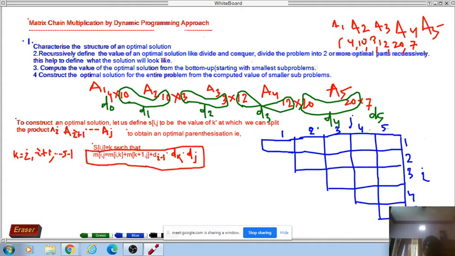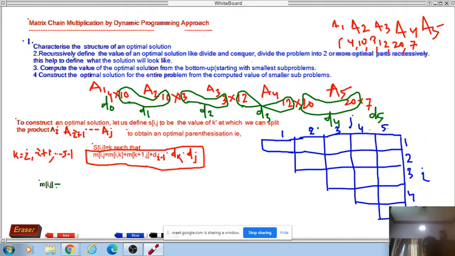So remember, first of all you will proceed with i equals j. If i and j are the same, then m of ij is 0.